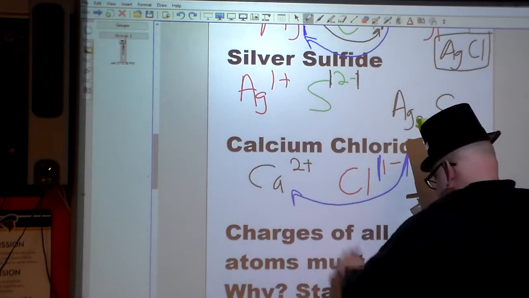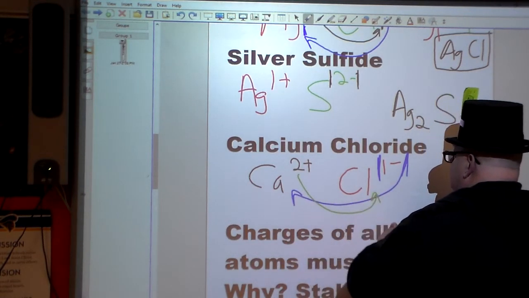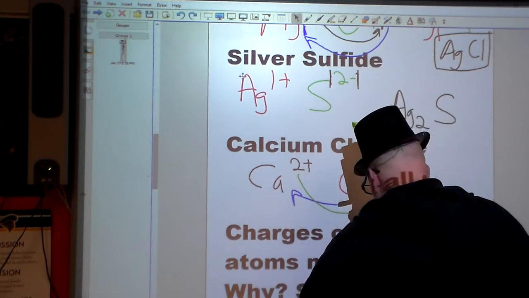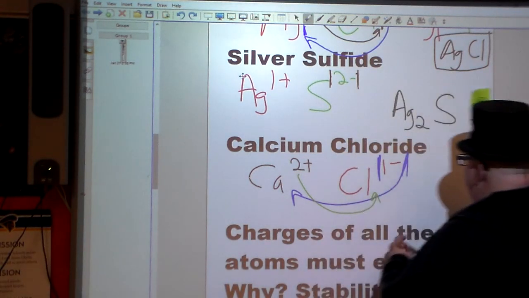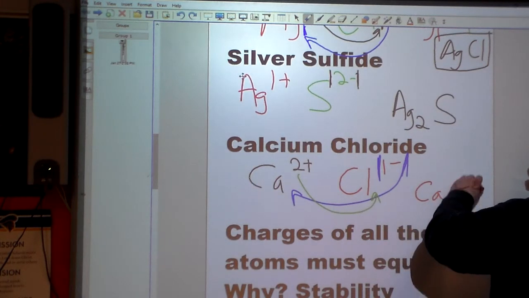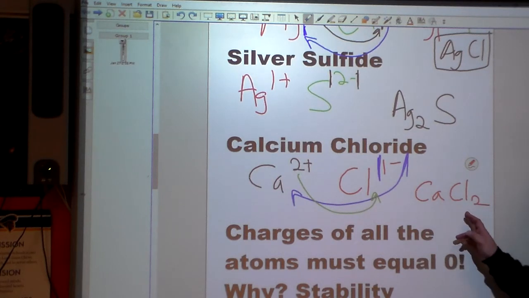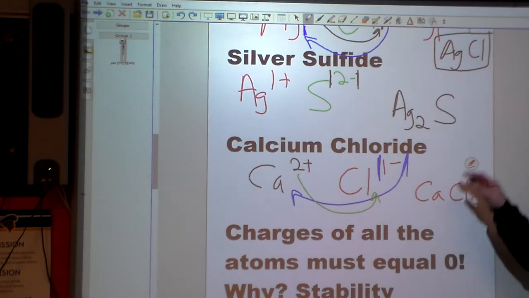Bring that over to the calcium, and then over here we're going to take the 2 and bring that over here to the chlorine. So what in the world is that going to look like at the end? It'll be CaCl2. That's going to be our final thing here.